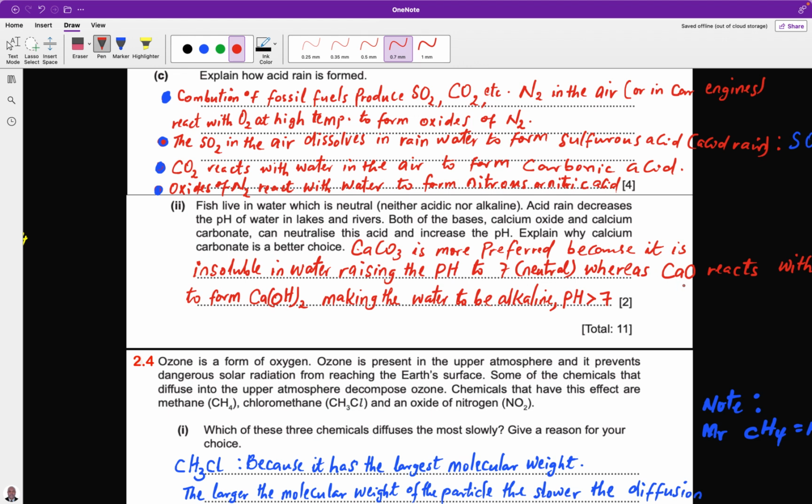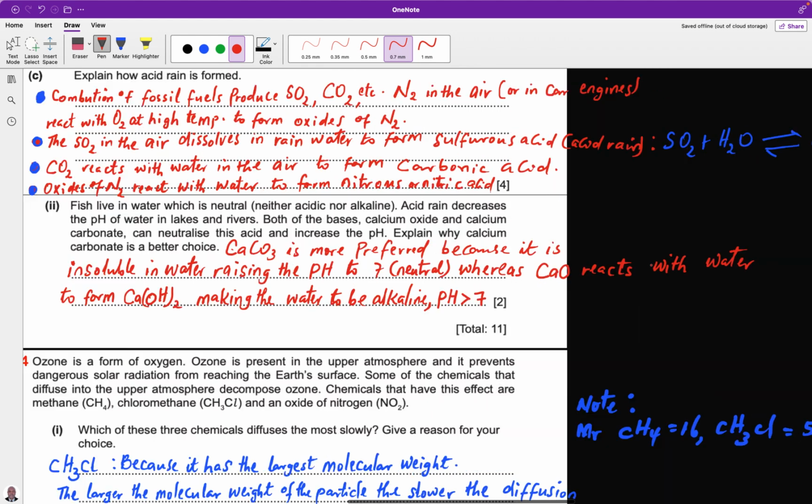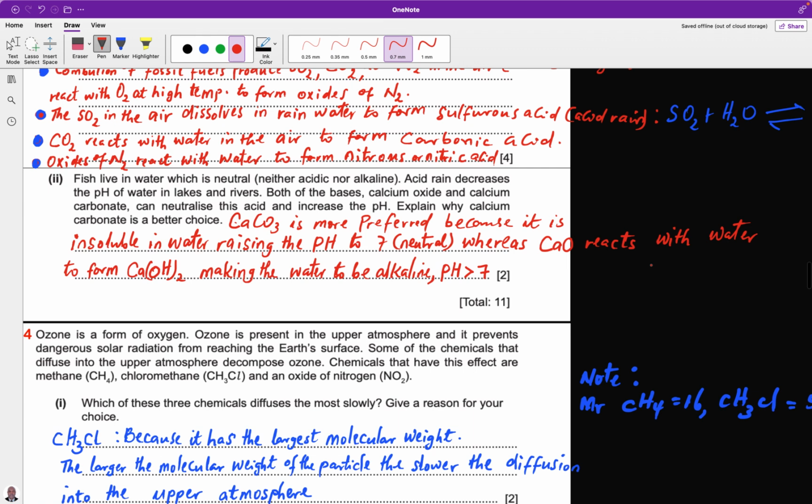Whereas calcium oxide will react with water to form calcium hydroxide, making the water alkaline, that is, a pH above 7. So that is just a simple answer for that.